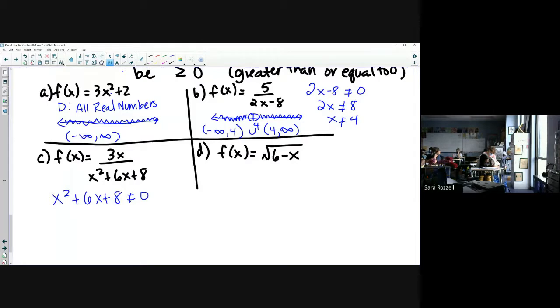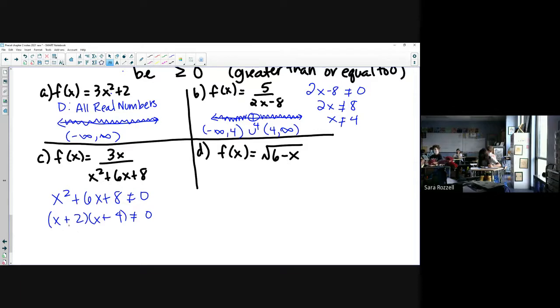What do you do first? Factor it. What is it going to be? 2 and 4. So our answer is positive 2 and positive 4?